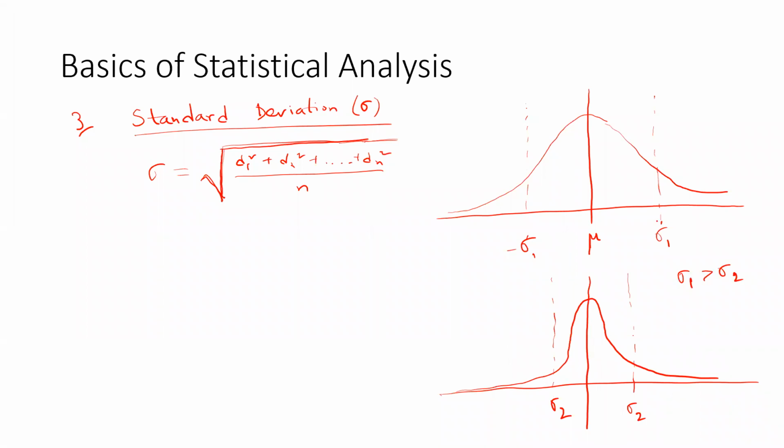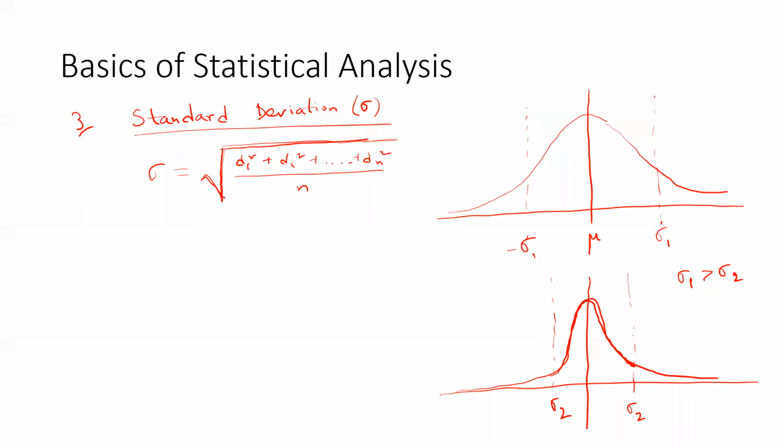So for a particular data set, if you are getting larger standard deviation, your data will be more spread away from the mean value. And if the standard deviation is smaller, then they will be clustered towards the center or towards the mean. So these are some of the observations that you can make from standard deviation.